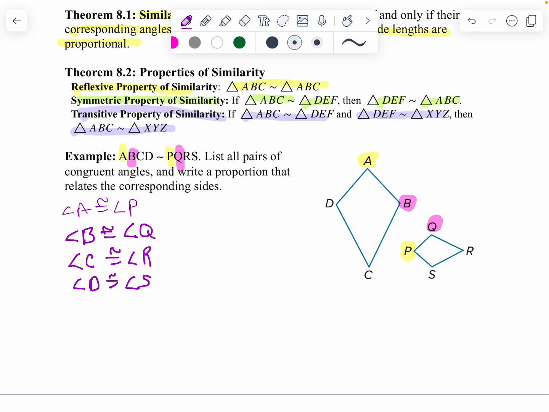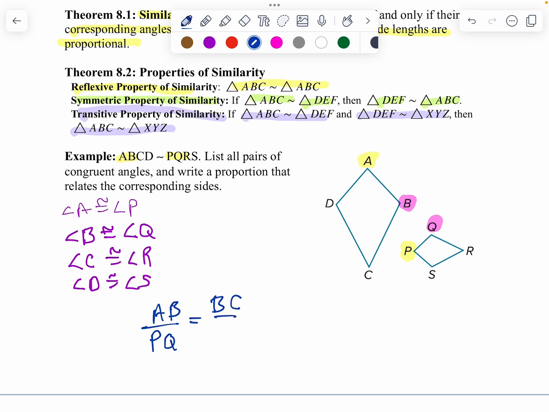Here's where it's different. Shapes are similar. Sides are not. So if I want to compare my sides here, like AB, that corresponds to PQ, doesn't it? So I'm going to say the ratio of AB to PQ is the same as BC to QR.